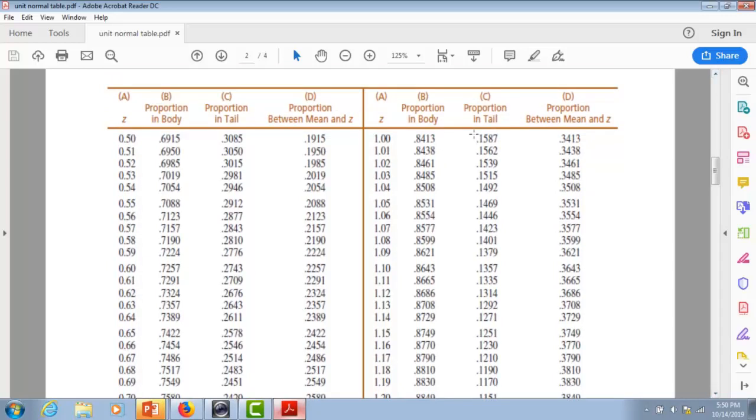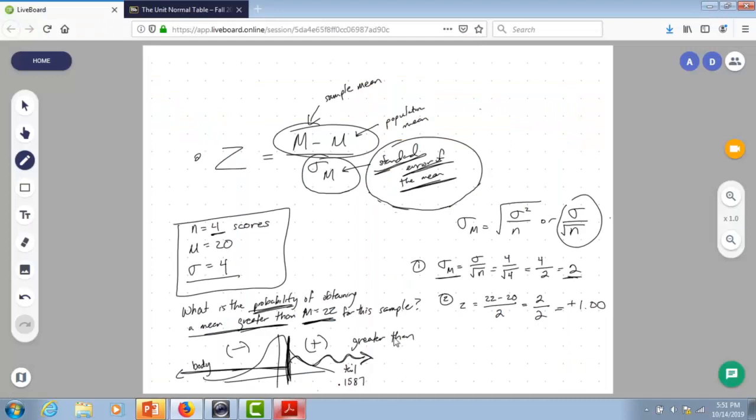And voila. We have our proportion in the tail, which is 0.1587. So the correct answer would be 0.1587. If you were to convert this into a percentage, you would have 15.87%.